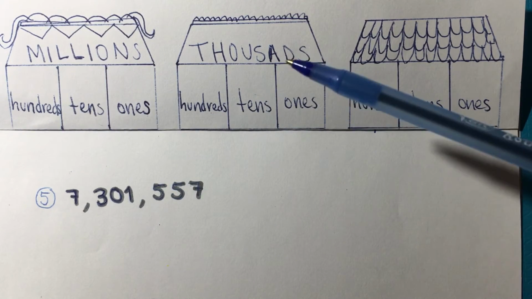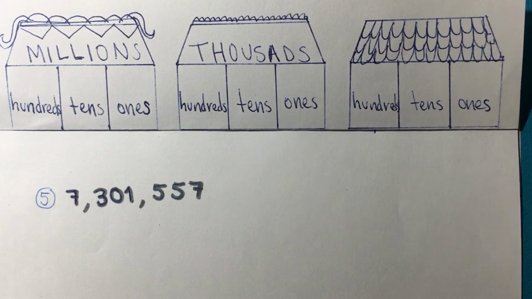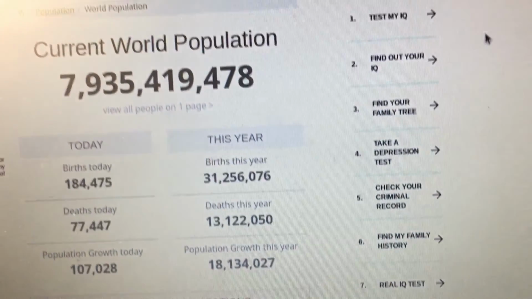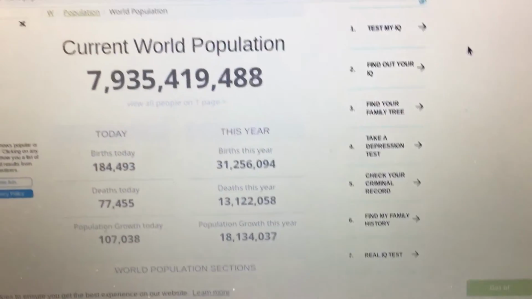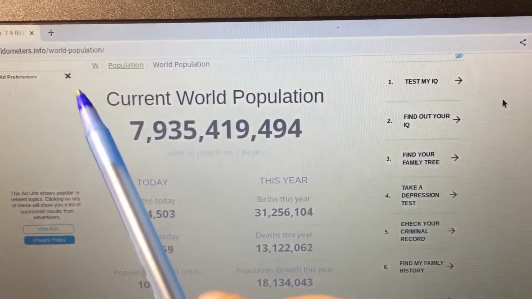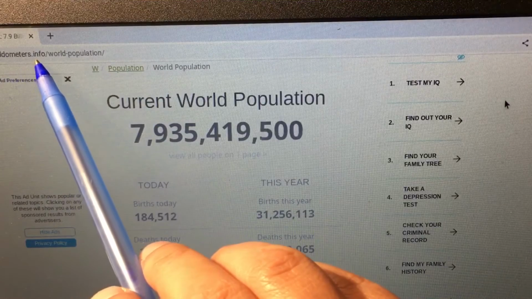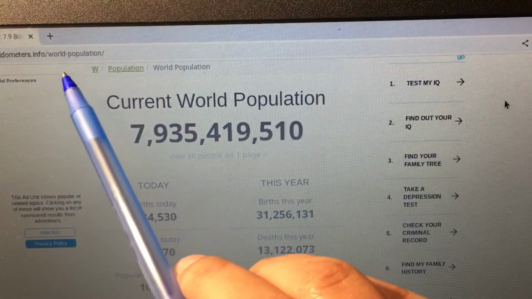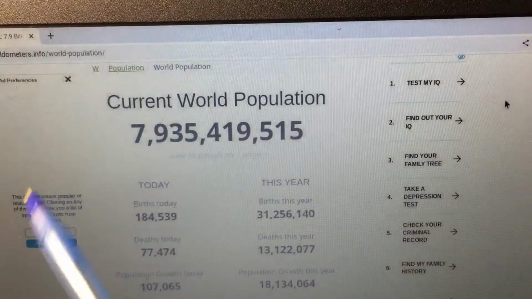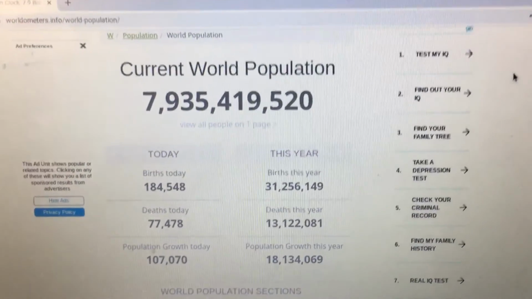And so something that I would like to share with you is I searched something related to population. Hopefully you can see this, but you can just go online and look for worldometer.info/world-population.